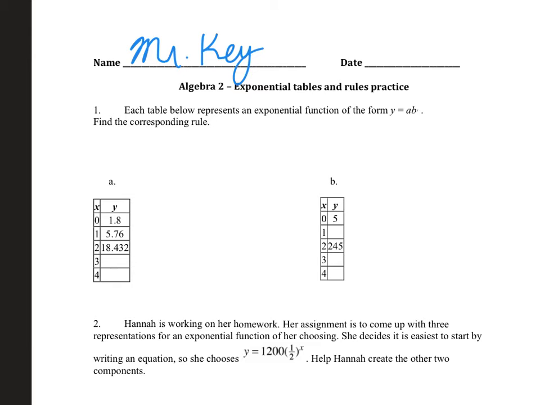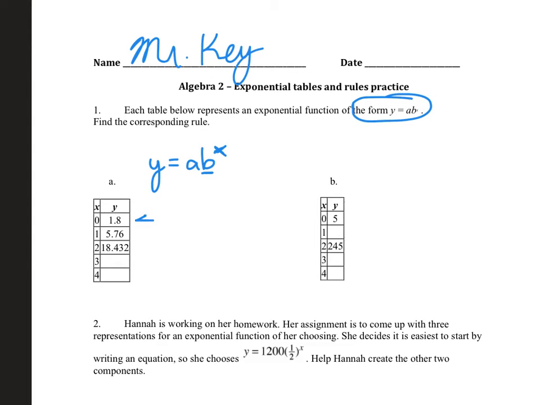But let's start with 1a. It tells us that they're exponential functions, so we can see that here. That's an important piece of information. So we know that it's going to take the form something times something to the power of x. So we need a base b that we raise to the power of the input variable x, and then sometimes we have a multiplier out front.